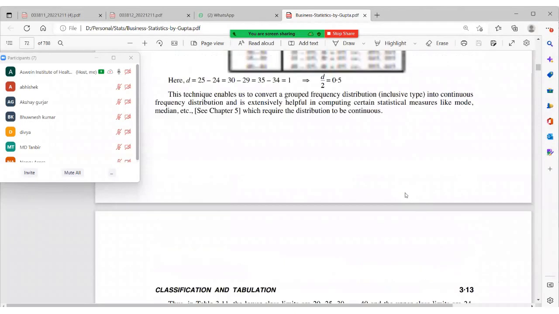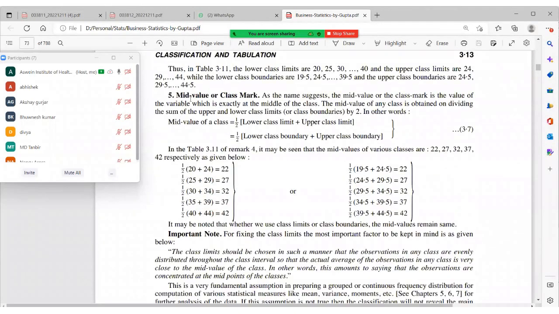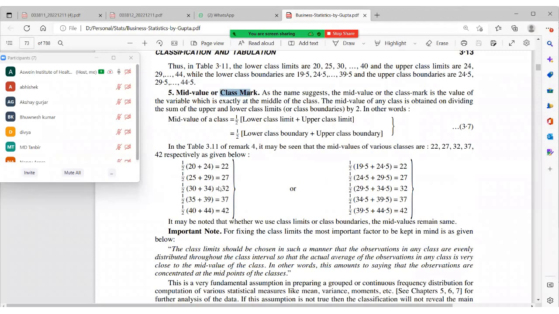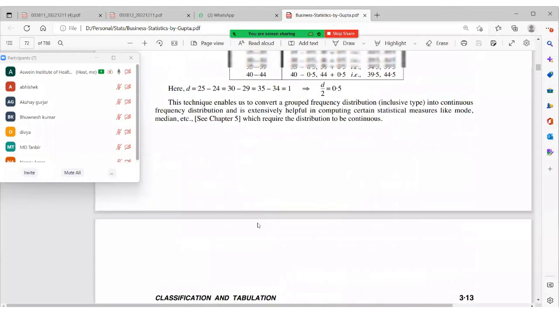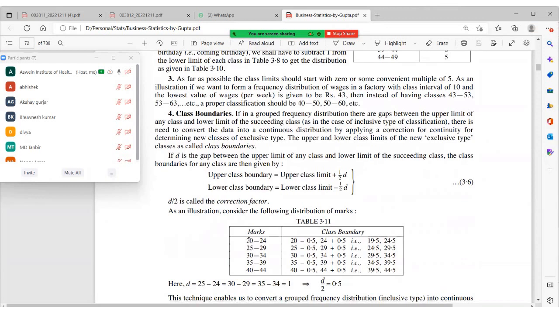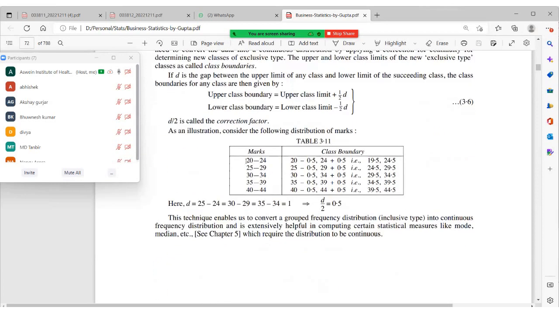The mid value we call the class mark. Lower limit plus upper limit divided by 2 gives the class mark. In this case, if we add 20 and 24, we get 44. 44 divided by 2 is 22.